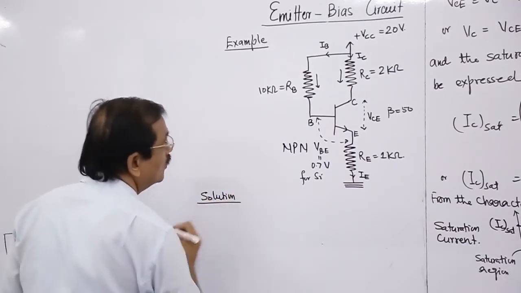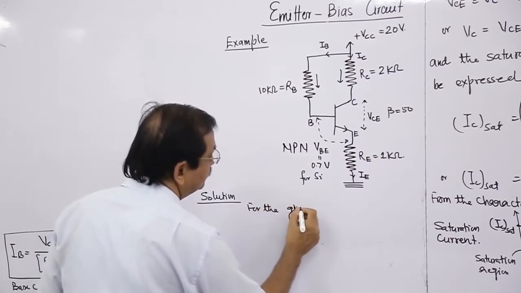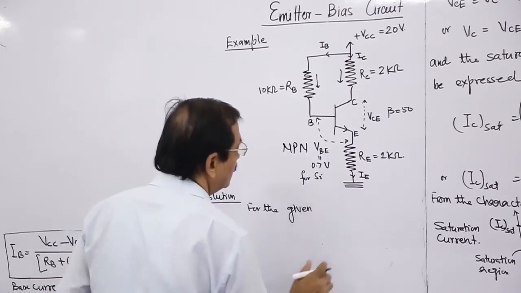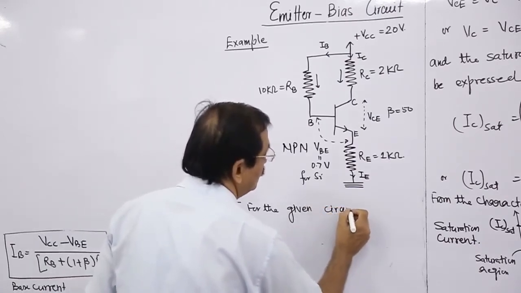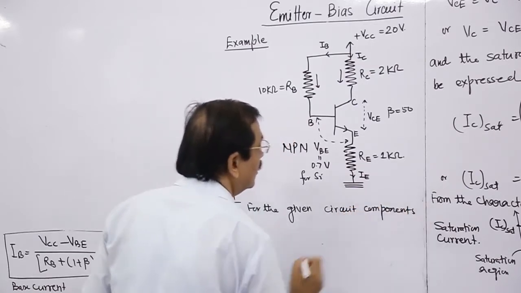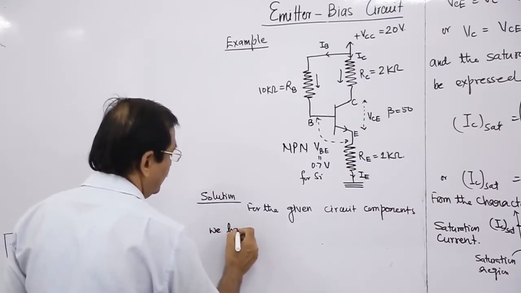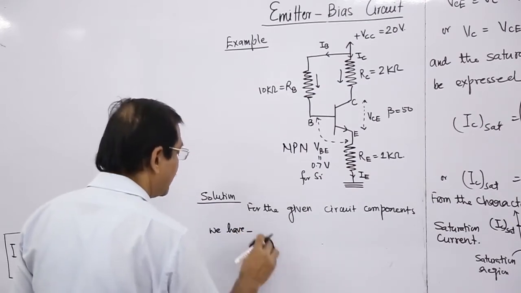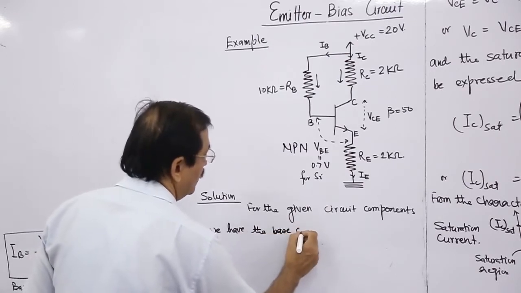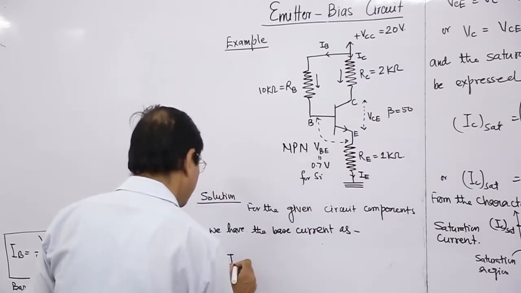Solution for the given circuit components: we have the base current IB.